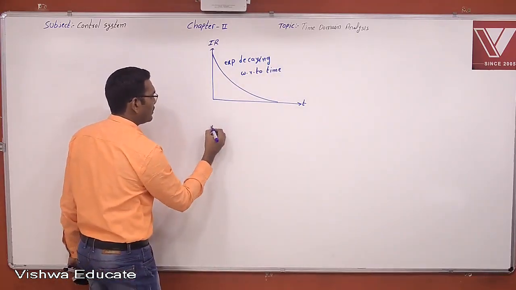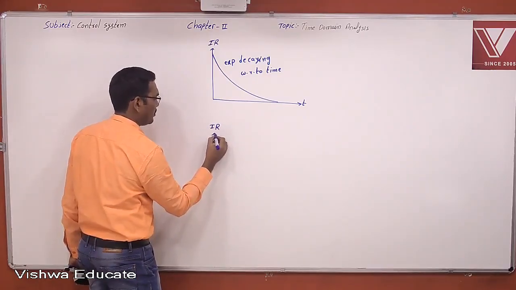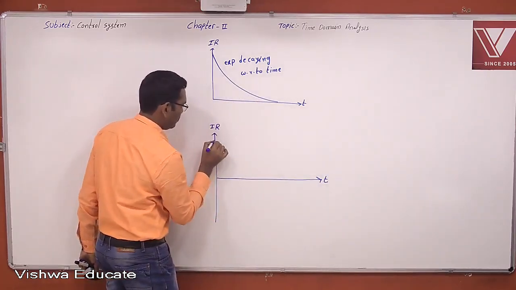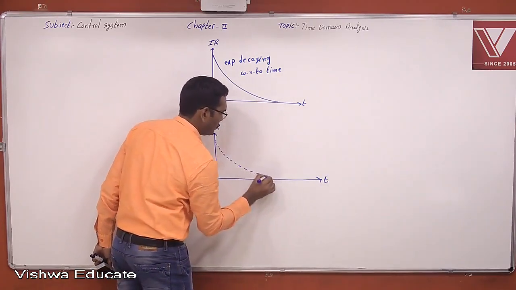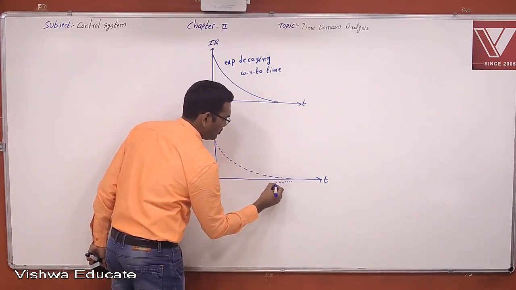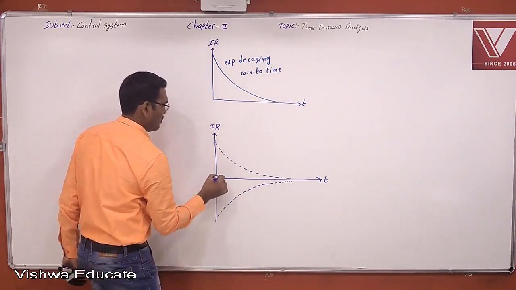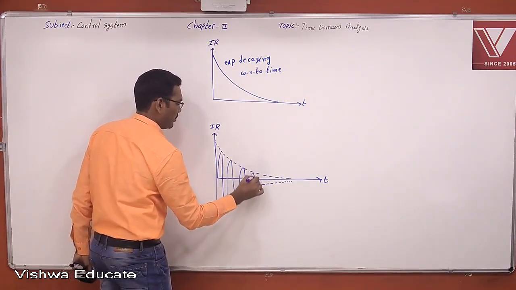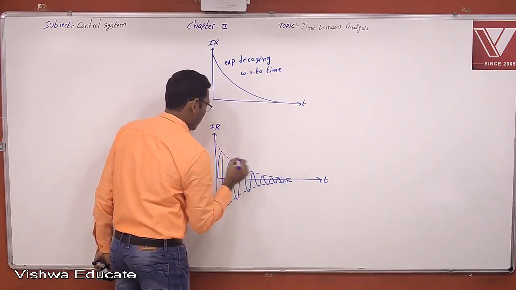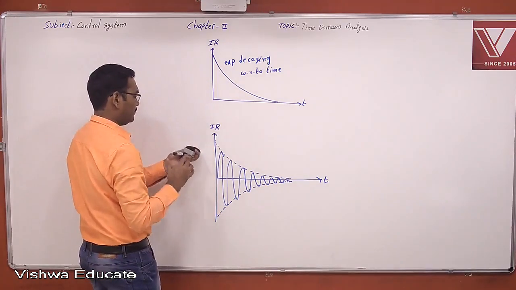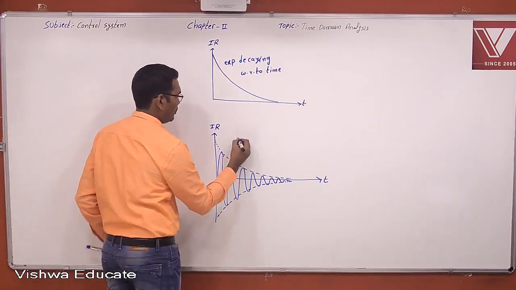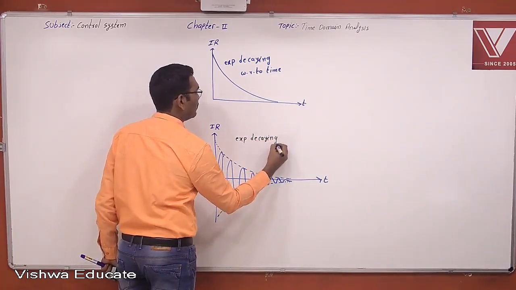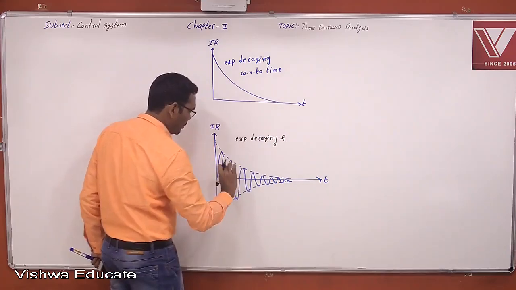Now let us take another impulse response. This is the impulse response. Now you know this is exponentially decaying. Students, this is exponentially decaying and the amplitudes are decreasing.